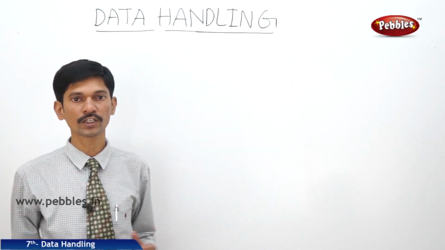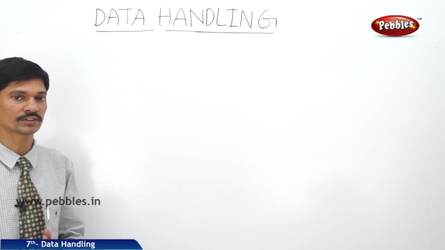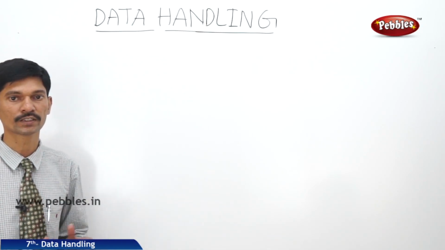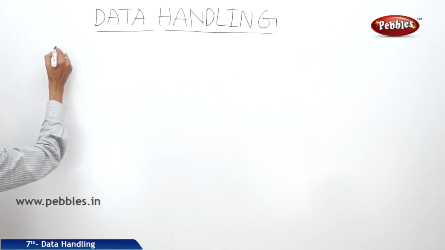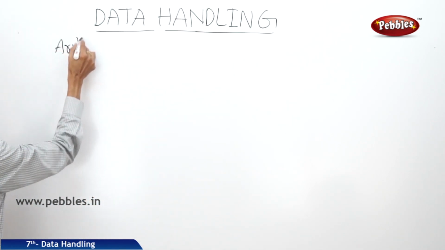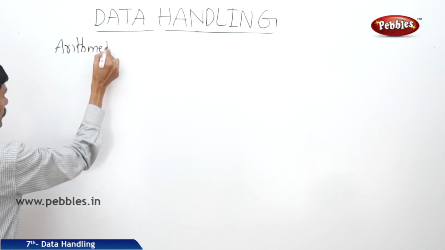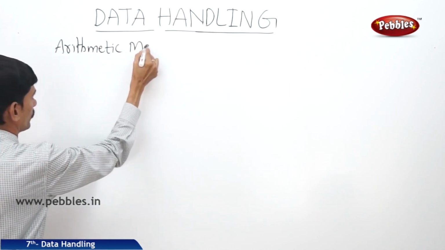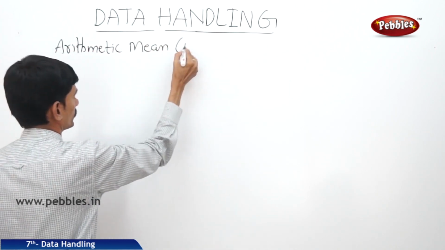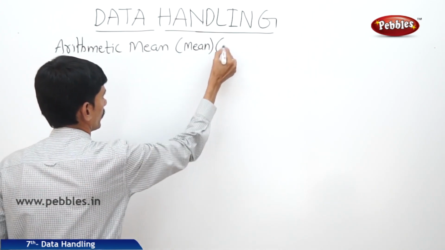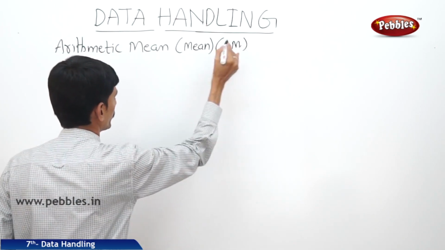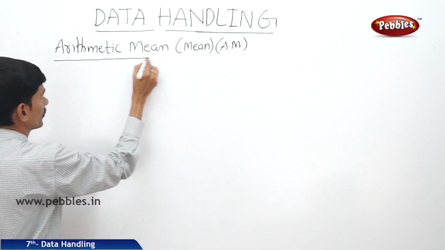Now let's learn about the arithmetic mean, which is the first representative value of the given data. The first one is arithmetic mean, or simply mean, or AM.